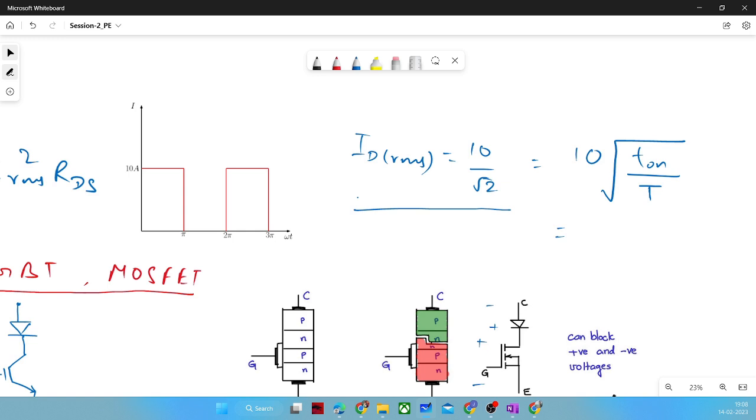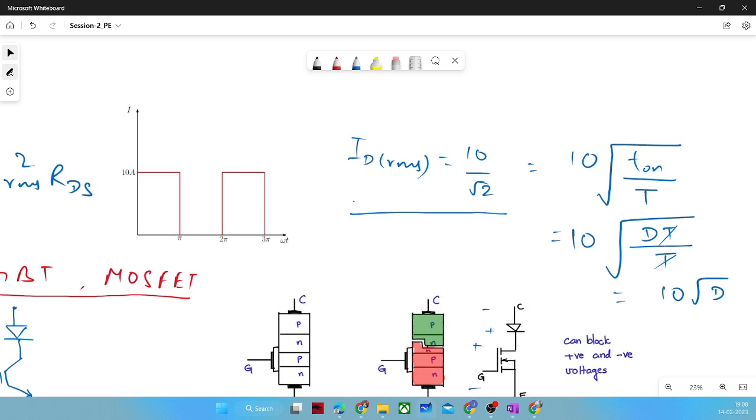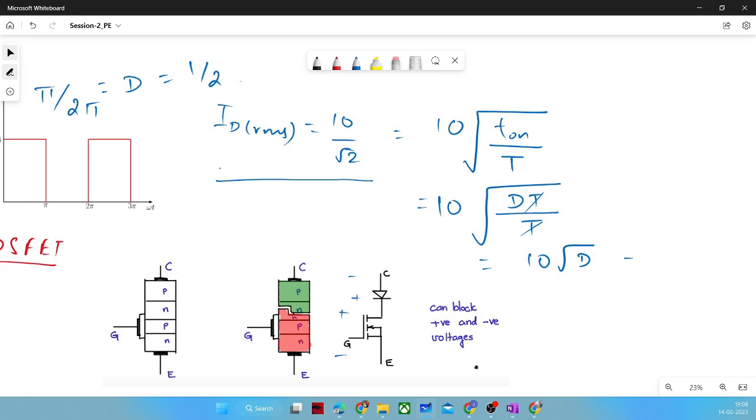T on equals D T, where D is the duty cycle or duty ratio, and T is the period. Finally, it comes out to be 10 root D. From the graph you can see it is conducting for half of the period, pi out of 2 pi, so D is half. It will be 10 by root 2 ampere.